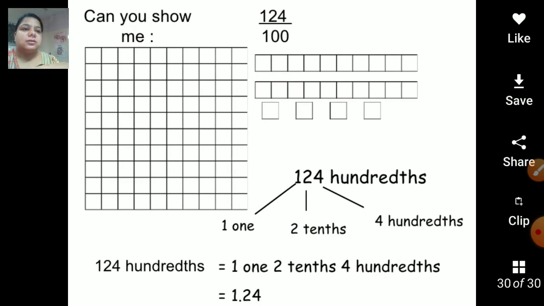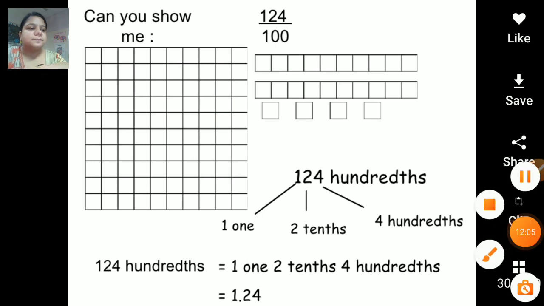You can see here 124 small squares, hundredth parts of the square. So you can see it will become one whole, then 2 strips of tenths are there. So 2 tenths and 4 hundredths. So this will be written as 1.24. I hope now this is clear to you all.